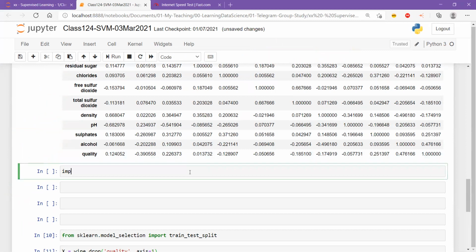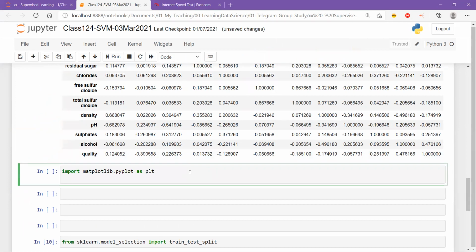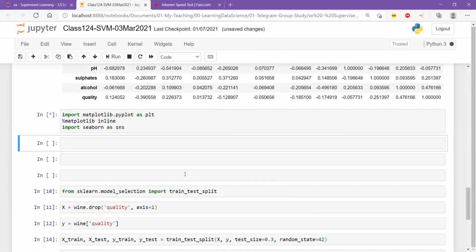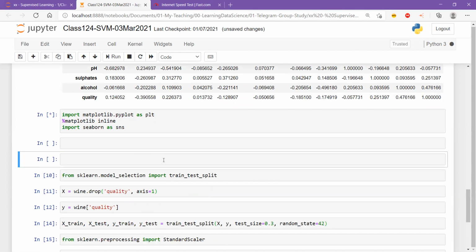But let's do something else. Import matplotlib pyplot as plt, matplotlib inline, and import seaborn as sns. You can try to do pair plotting. That's not going to be an issue.